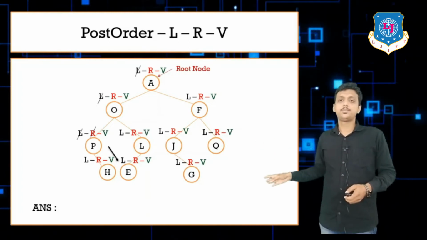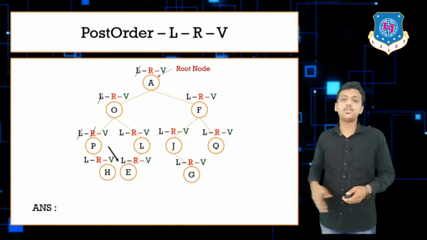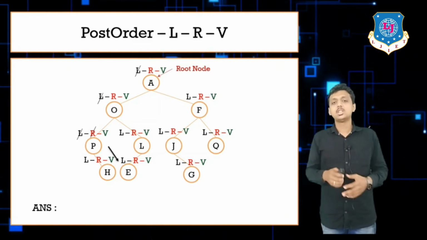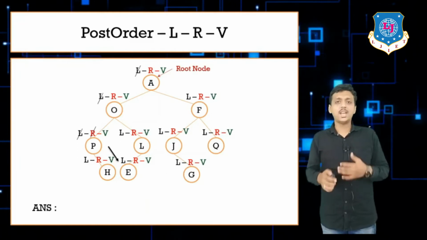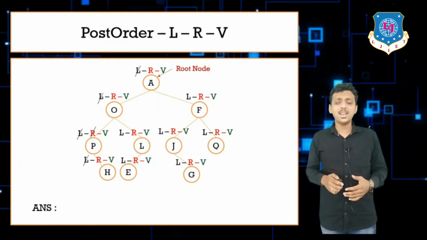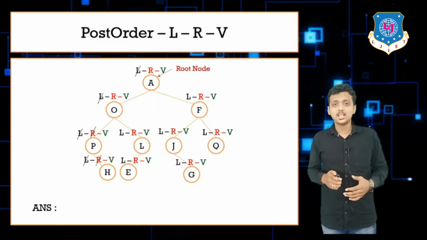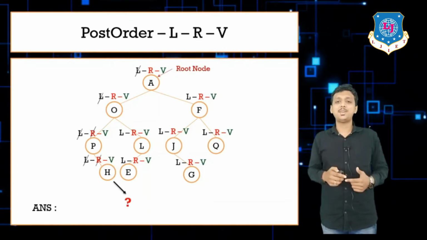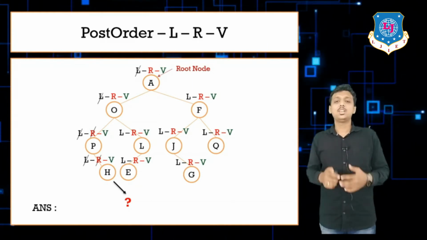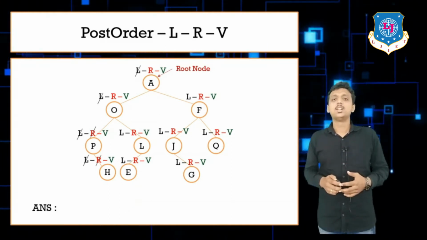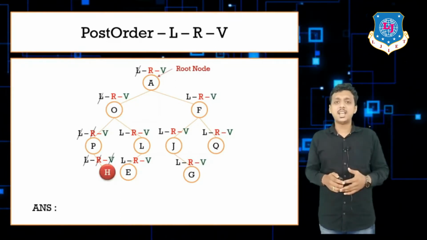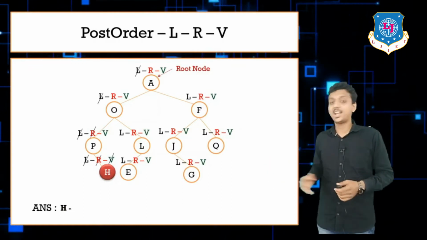E is not a child of P. So let's treat H as a leaf node. Don't think much, just cut down L, cut down R, and then which operation is remaining? That is V, which means visit the node. So cut down V, then visit H, and write H in our answer bucket.